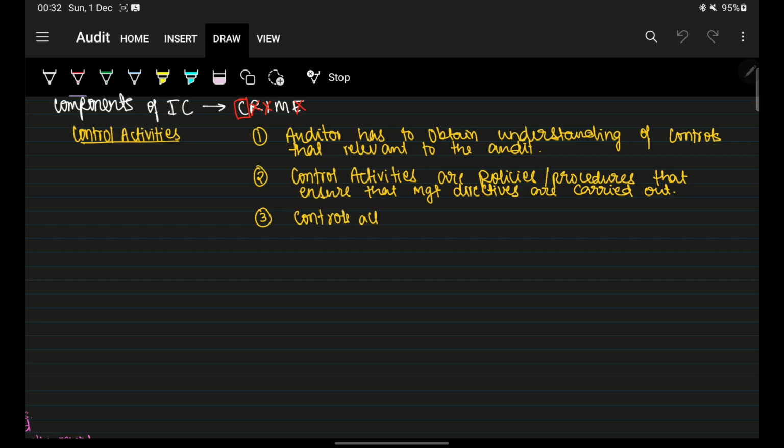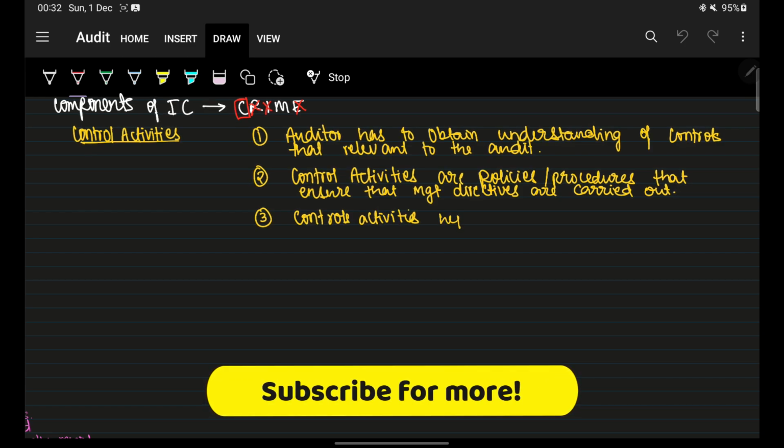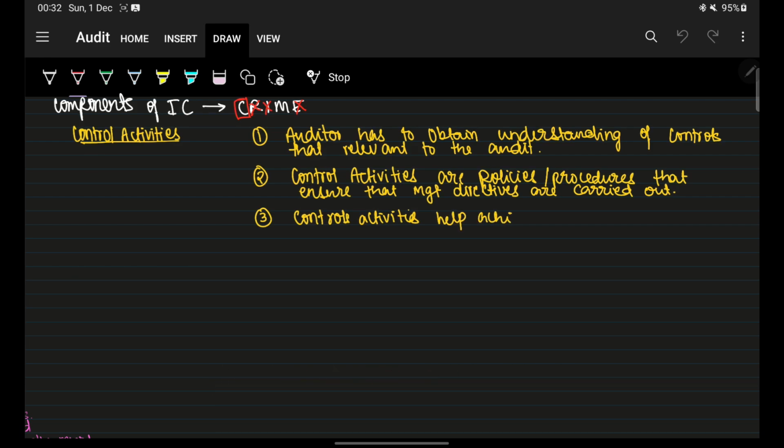Control activities help achieve various objectives and can be applied at various levels.